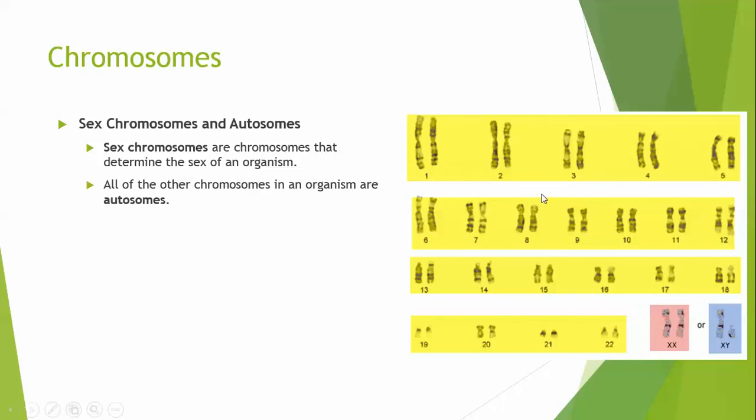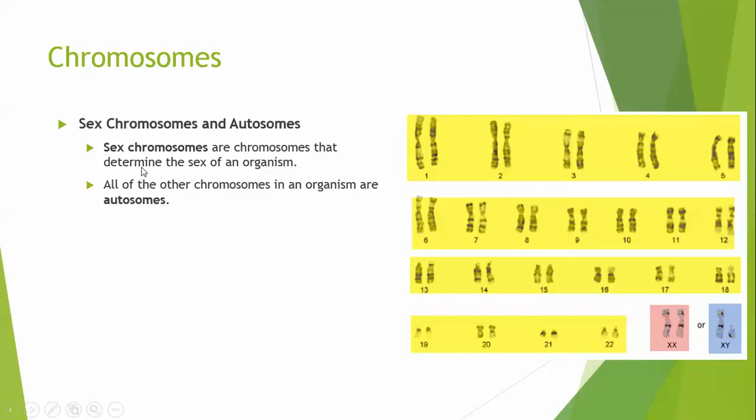So, anyways, chromosomes 1 through 22 are autosomes, which code for anything but sex cells. So, like skin cells, muscle cells, nerve cells, any cells except for sex cells. And then chromosome number 23 is either an XX for female or XY for male.